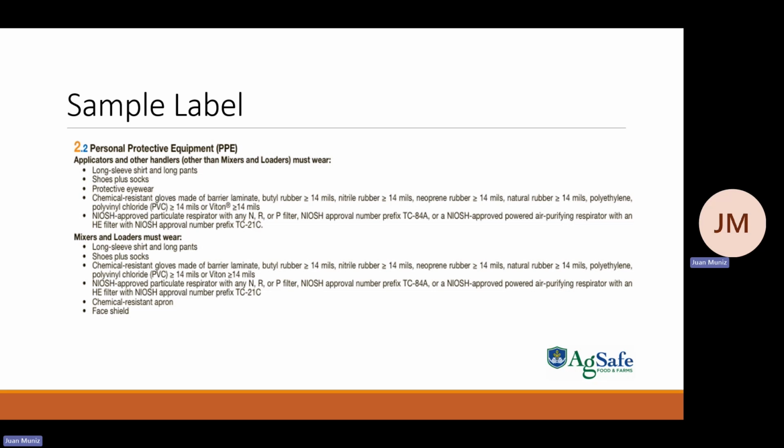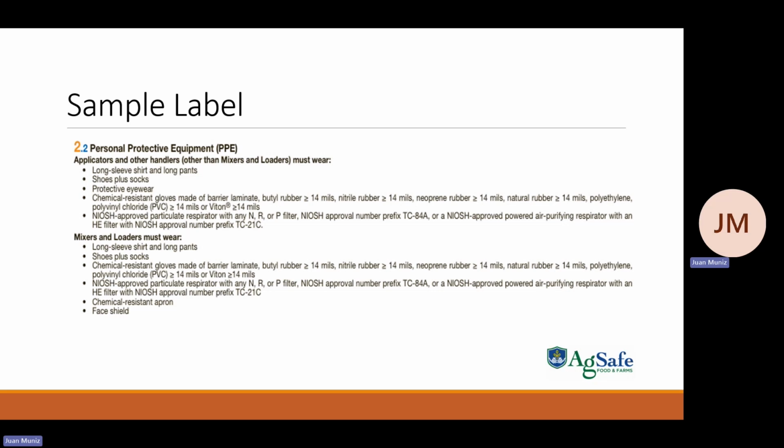And then if you look at the very last bullet under there, it says NIOSH approved particulate respirator with any NR or P filter and NIOSH approved number prefix TC84A or NIOSH approved powered air purifying respirator with an HE filter, which we mentioned was a high efficiency filter, with NIOSH approved number prefix TC21C.